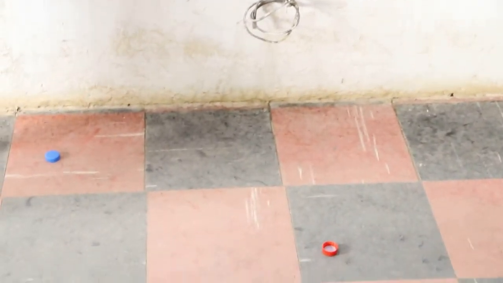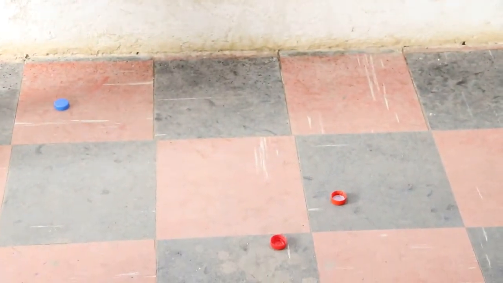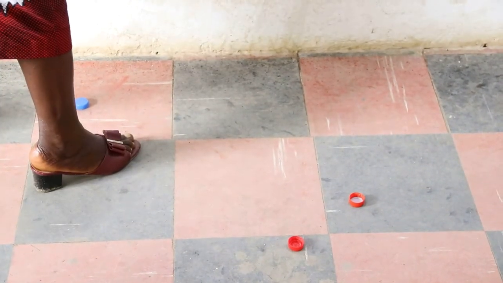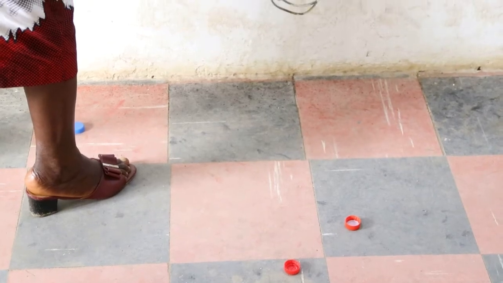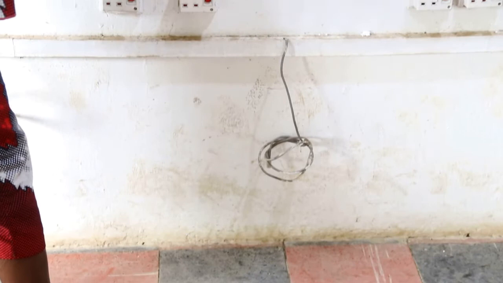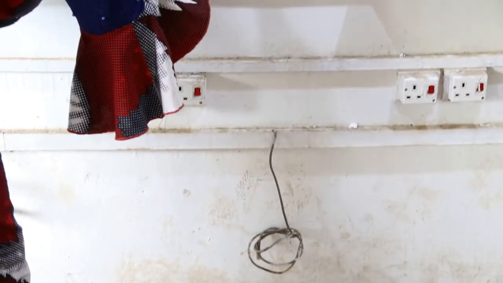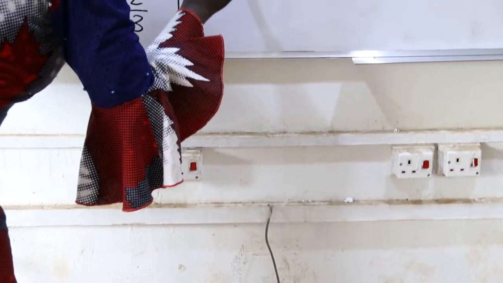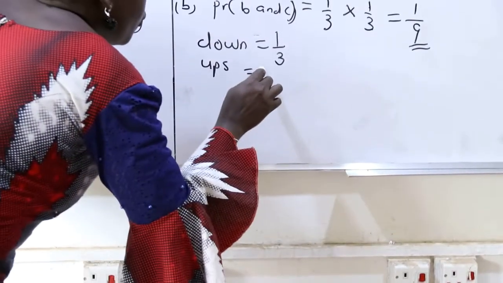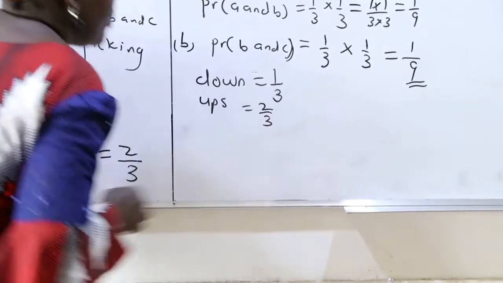So it means that if you have 1 down, the down is equal to 1 over 3 of them. And then the ups are 2. So it will be 2 over 3.